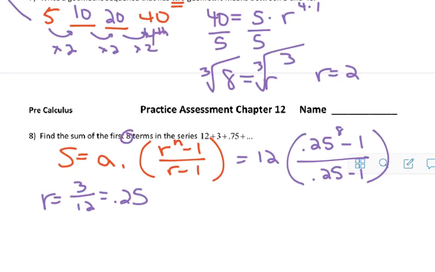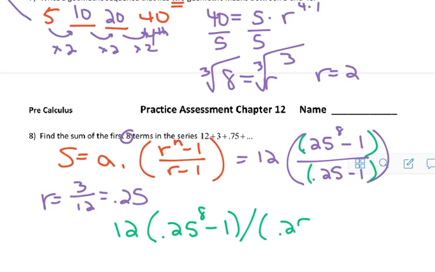The way that I put this in my calculator is I put this in first in parentheses, and then I divide by this. And then I multiply that answer by 12. Or you could plug it in your calculator like this: 12, parentheses, 0.25 to the 8th minus 1, close, divide by, parentheses, 0.25 minus 1.